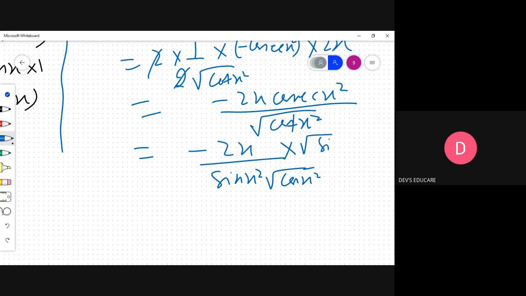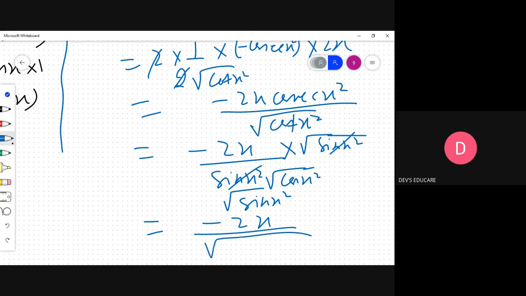So this can be cancelled out by root sine x square. So minus 2x upon root over sin x square into cos x square.